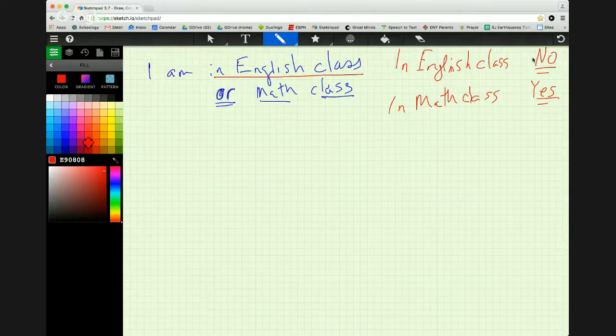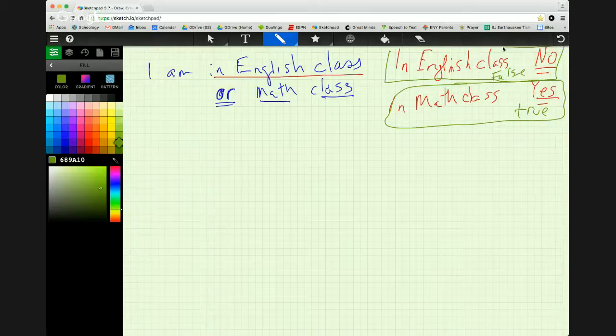So another way of looking at no, another value for no can be thought of in mathematical terms as false. And in math class, a yes is like a true. So we're in English class, that's false. And we're in math class is true.